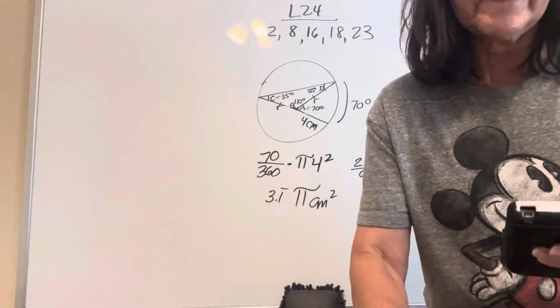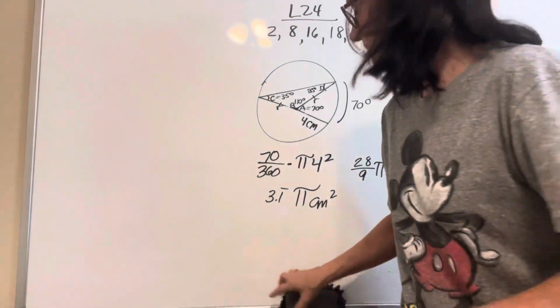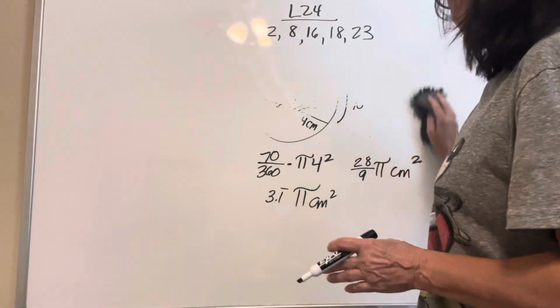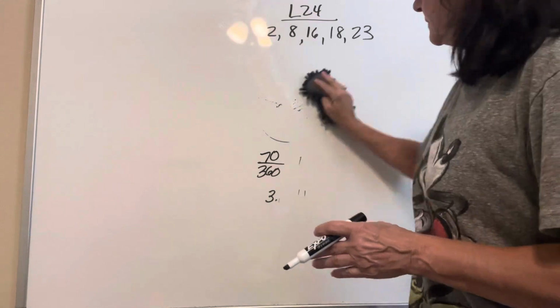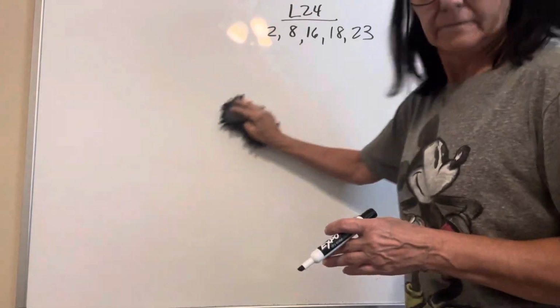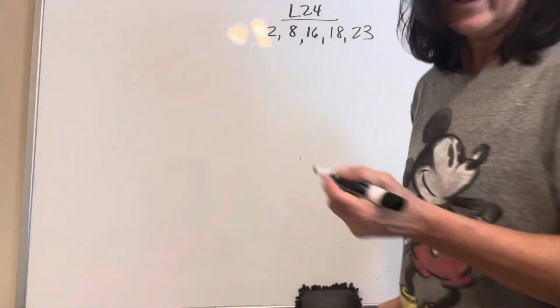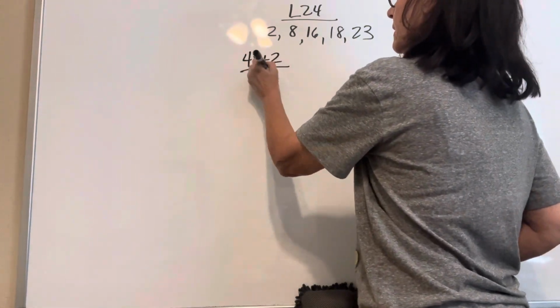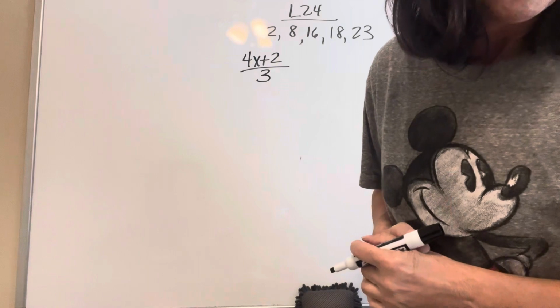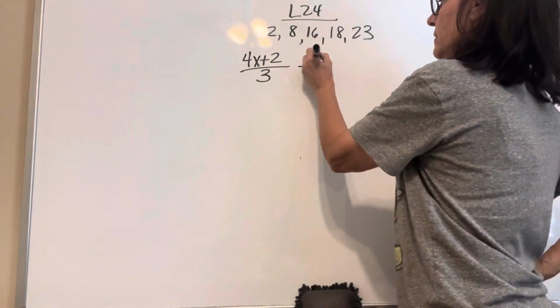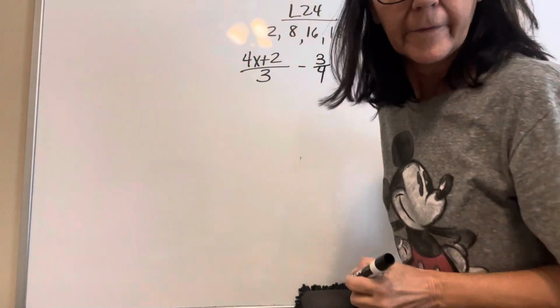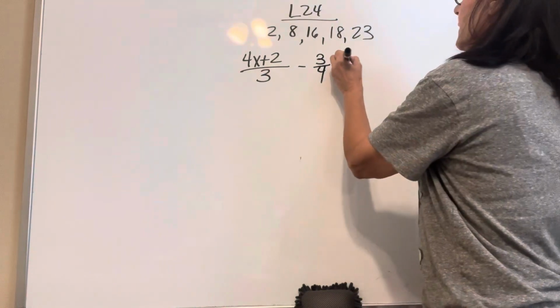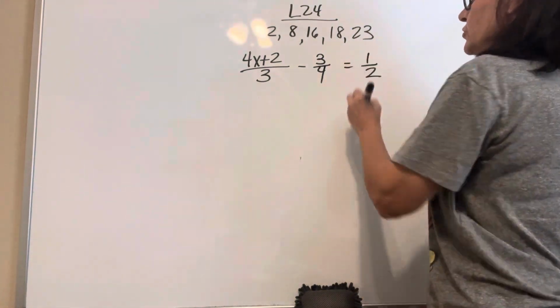All right, last problem, 23. Four x plus 2 over 3 minus 3/4 equals 1/2.